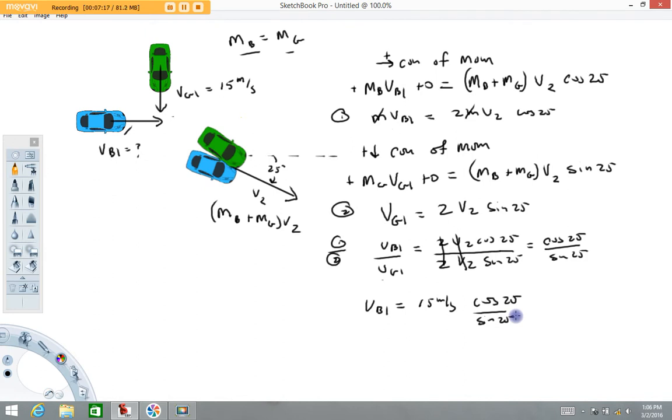And I got about 32.2. I'm just going to put approximately 32 meters per second.